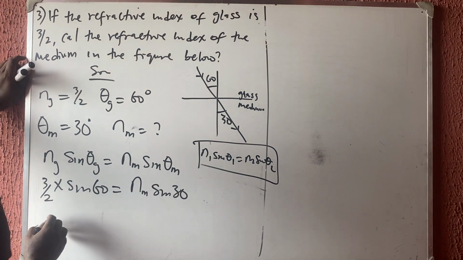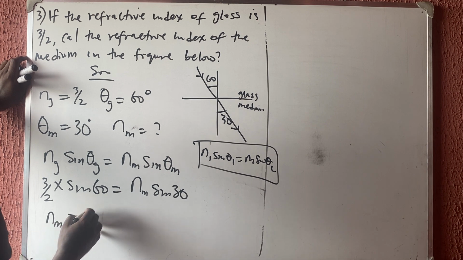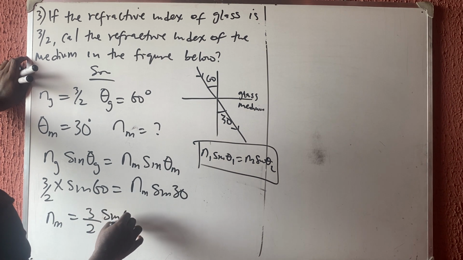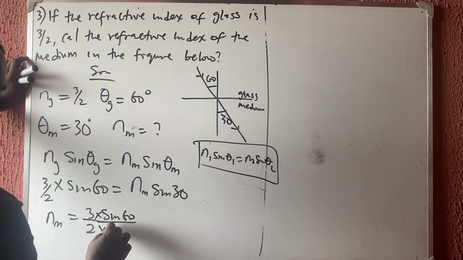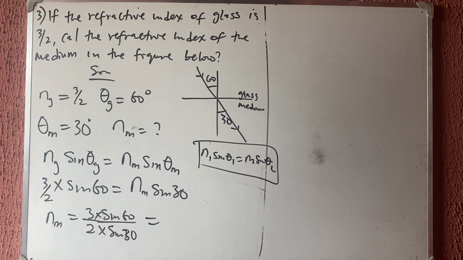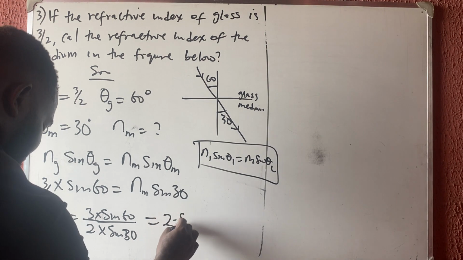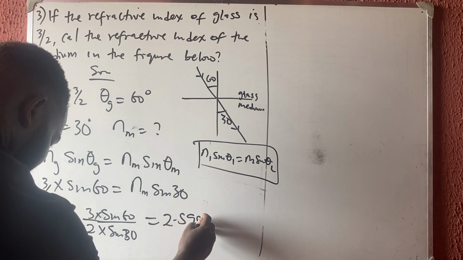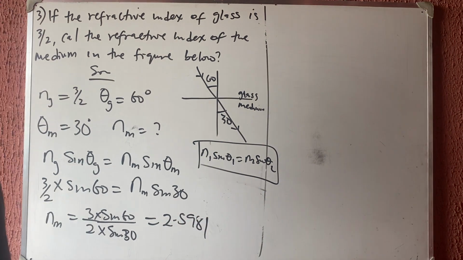If I cross multiply, n of m is equal to 3 sine 60 divided by 2 sine 30, which gives 2.5981. So that is that for question number 3.